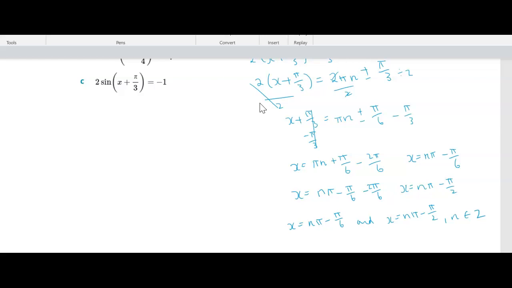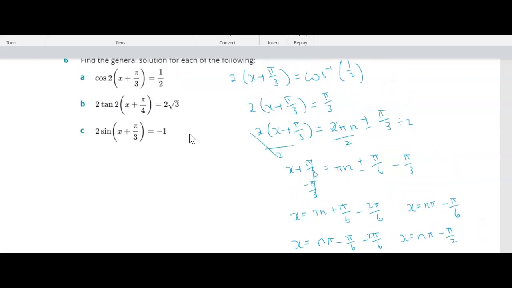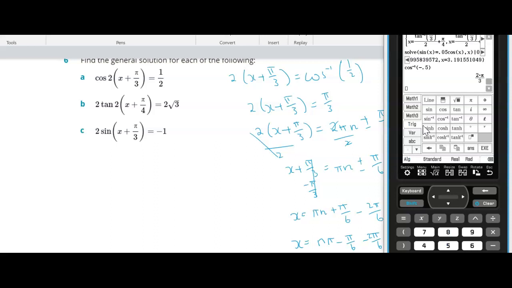Just because we haven't done any on the calculator, I'm going to do B and C on the calculator. So just a solve. Now, these types of questions you should only see on exam 2 anyway, so don't be too concerned about having to memorize them.